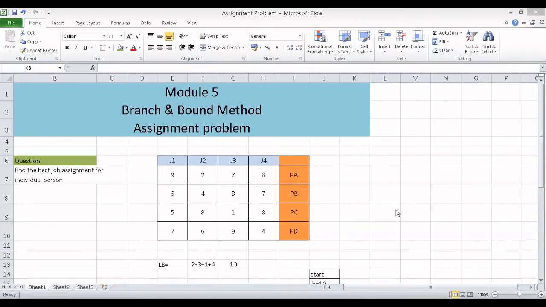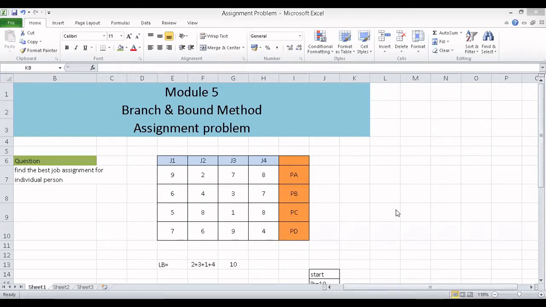The difference between backtracking and branch and bound method is, as I have told before, the backtracking method follows the DFS approach, and the branch and bound technique follows the BFS method, breadth first search method.